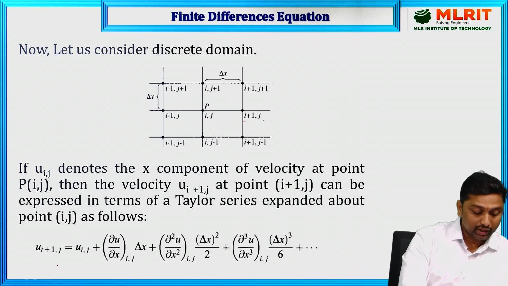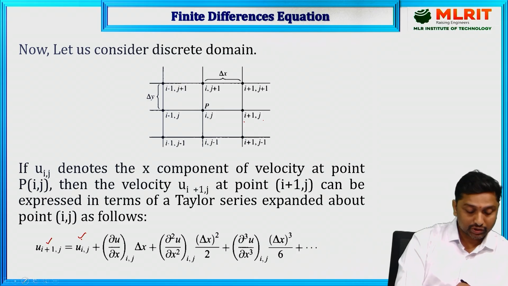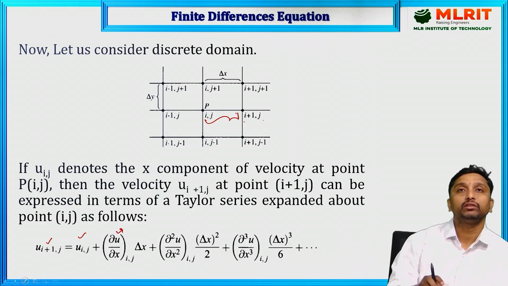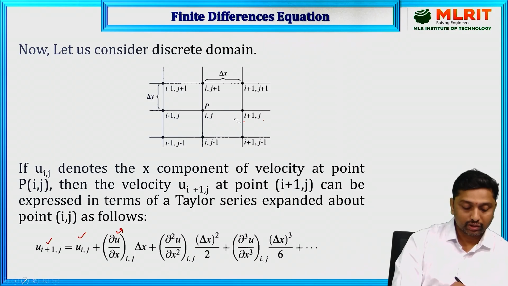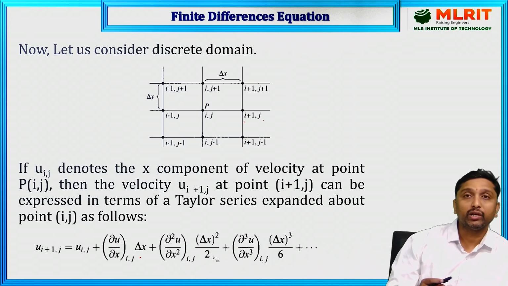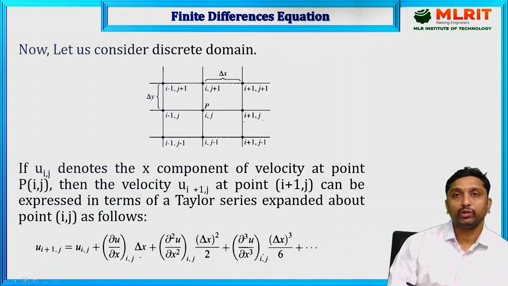If I do that, I get u I plus 1 comma j equals u I comma j plus dou u by dou x into delta x, because the variation is with respect to the x direction, plus dou square u by dou x square into delta x square by 2 factorial, plus dou cube u by dou x cube into delta x cube by 6, that is 3 factorial, and so on.